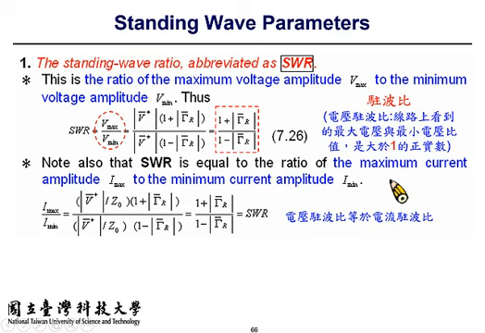In fact, by massaging the equation a little bit, you can find the magnitude of the reflection coefficient equals 1 minus SWR over 1 plus SWR. So once you have derived the standing wave ratio using the experiment result, you can calculate the magnitude of the reflection coefficient.